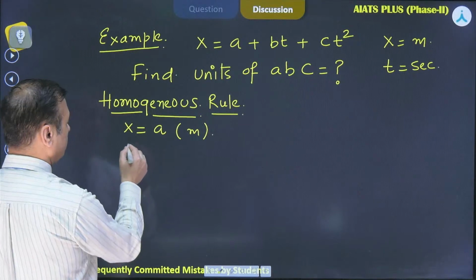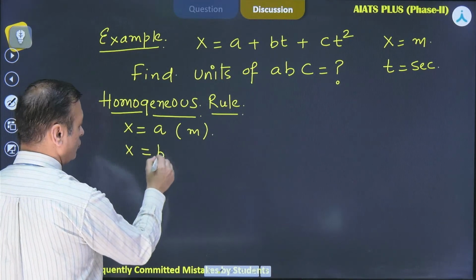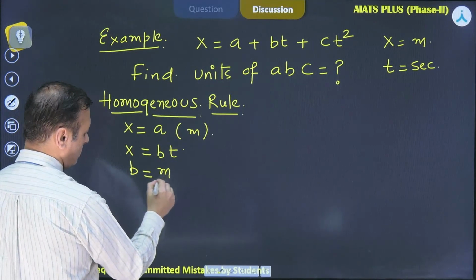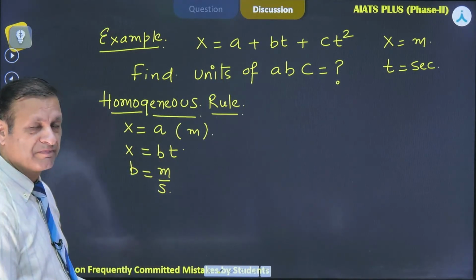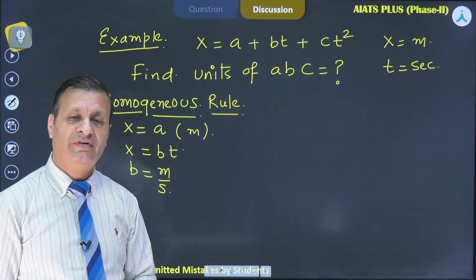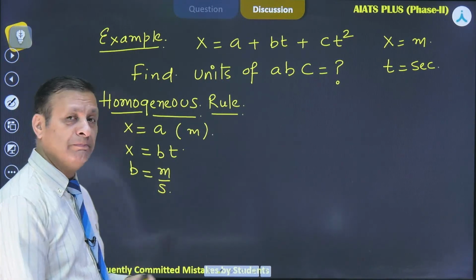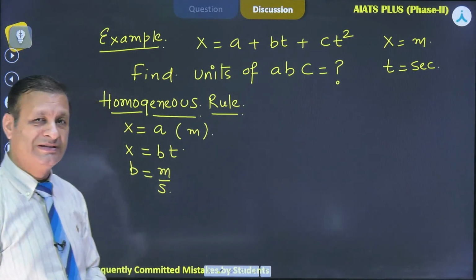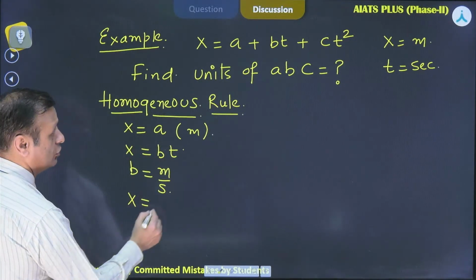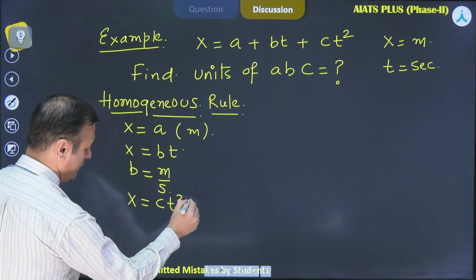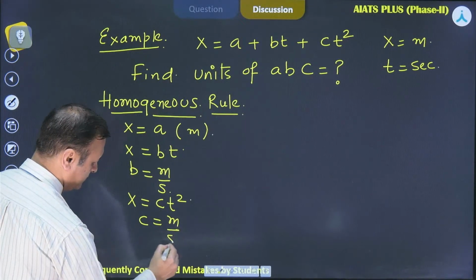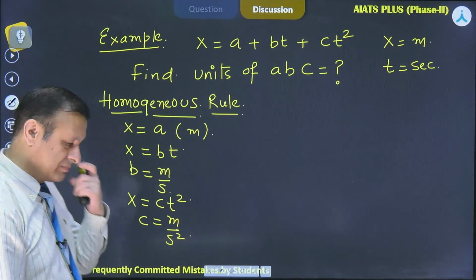Now let's move to the B part also. So X is equal to BT. So units for B would be meter per second. Based on the same homogeneous principle, the units of B are meter per second. Going in the same fashion, if I write X is equal to CT square, what are the units for this? That would be X by T square, so that would be meter per second square.